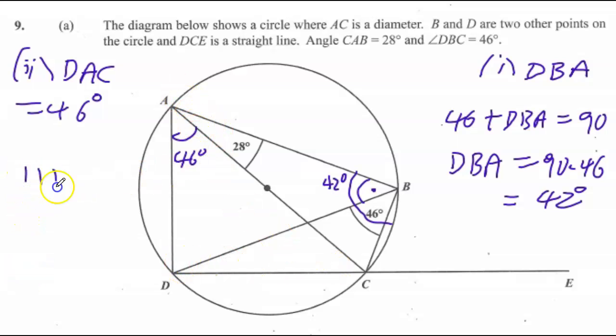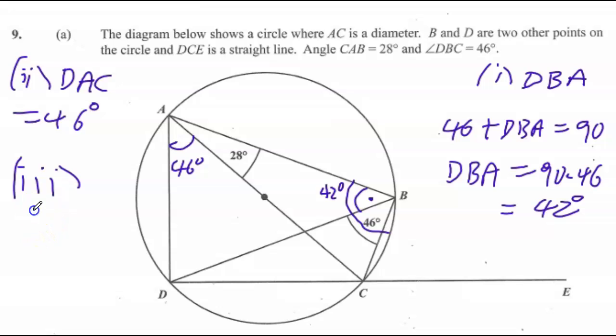The third angle that we're asked to calculate, given the reasons, is angle BCE. That's this angle right here. Now we can take several approaches to this problem. Notice if we consider triangle ABD, remember the angles in a triangle add to 180.